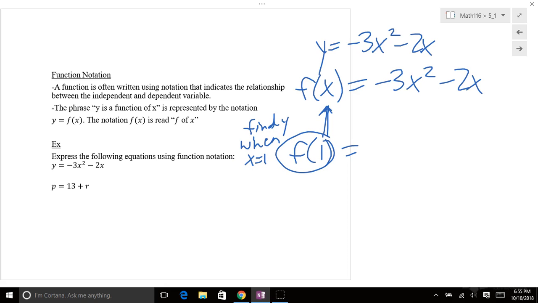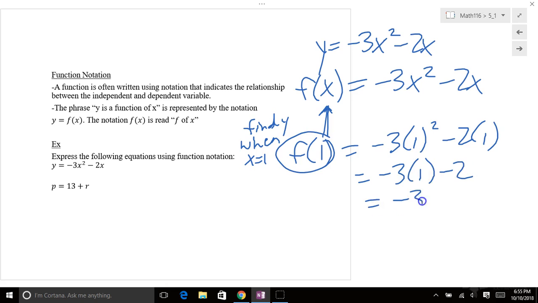So it's telling you input 1 for x and find what your y is. So you go over here, you input 1 in for x. So negative 3 minus 2 is negative 5, and it looks like you get negative 5. So the functional value, the y value in other words, is negative 5 if you put 1 in for x.